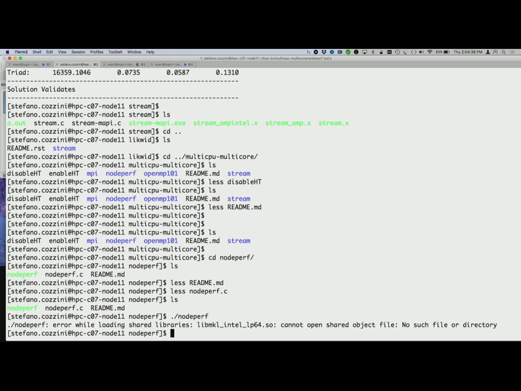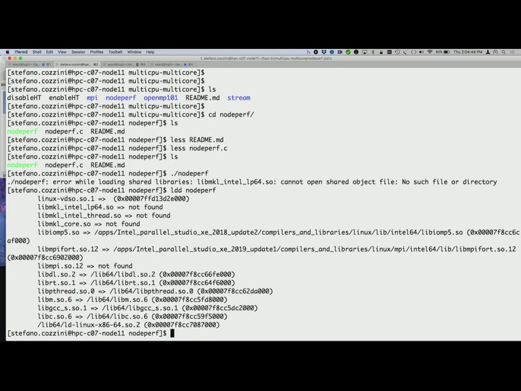Of course, if you do this, you see that it uses libmpi, and it also uses libmkl, the Math Kernel Library from Intel. You see, it doesn't find it because we have to load the module. Module list, module avail.